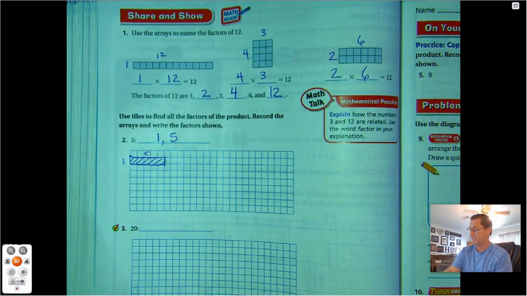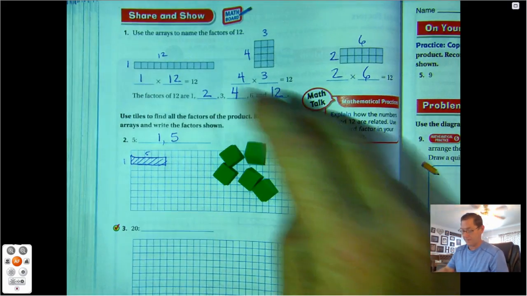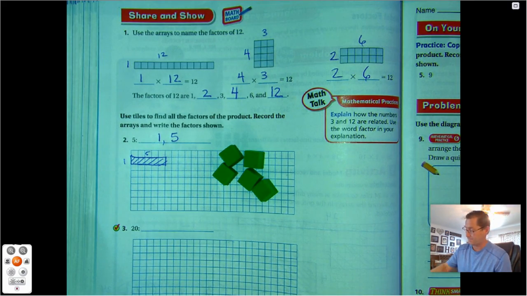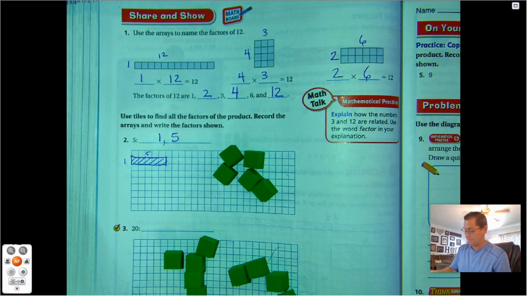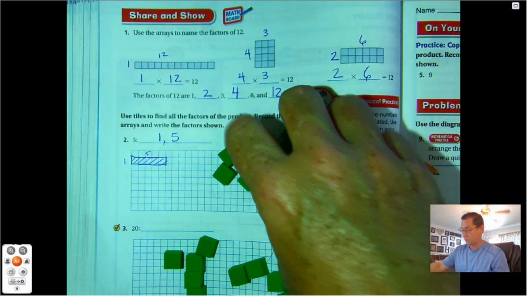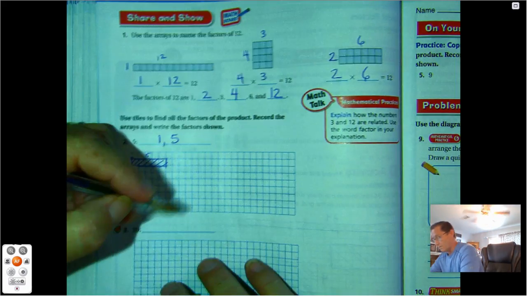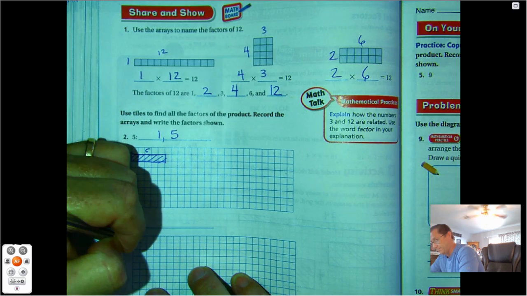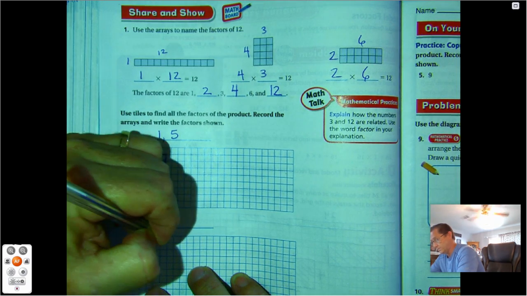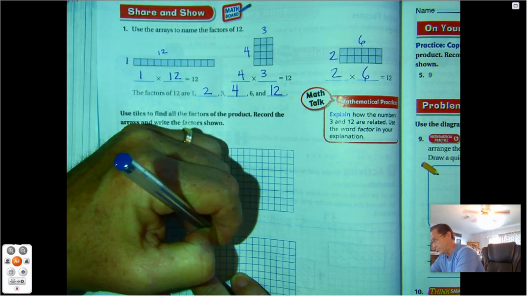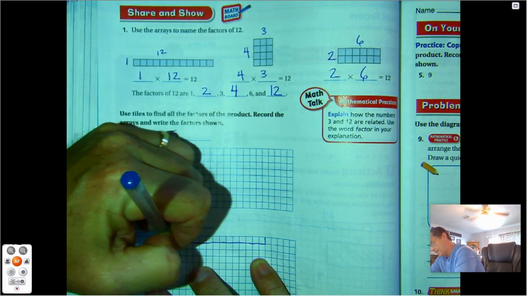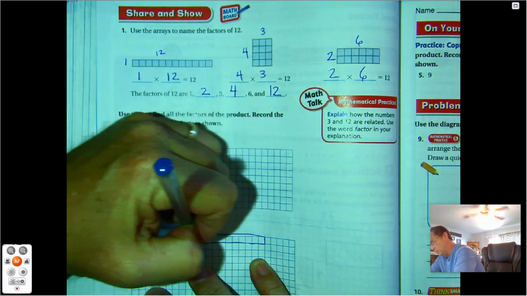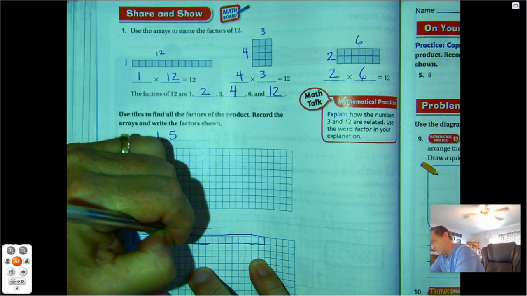Now 20, so we have 5, 10, 15, 20. All right, so let's see. So I know we're going to have 1 and 20, right? So 2, 4, 6, 8, 10, 12, 14, 16, 18, 20. So we know we have to be able to do 1 times 20. Now, how about 2? Well, 2 works.